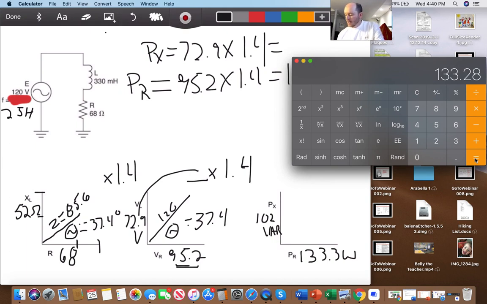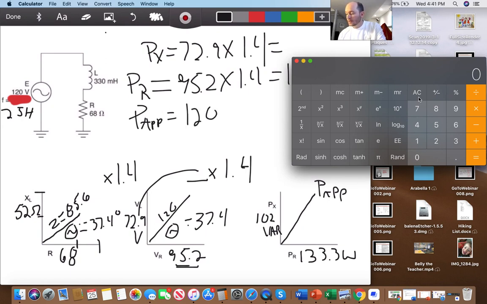Let's go ahead now and figure out what our apparent power will be. Again, you could use the Pythagorean theorem here if you want to, but I am a man of simplicity. So I am going to take my 120 volts times 1.4 and find out.